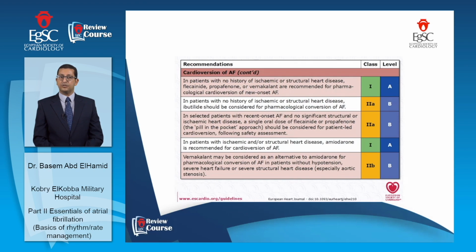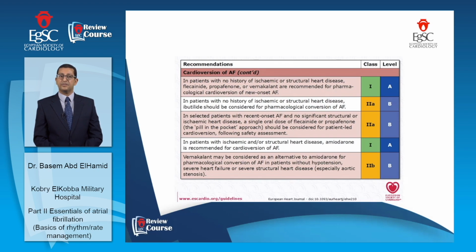In selected patients with recent onset of AF with no significant structural or ischemic heart disease, a single oral dose of flecainide or propafenone, the pill-in-pocket approach, should be considered for patient-led cardioversion following safety assessment, class 2A.